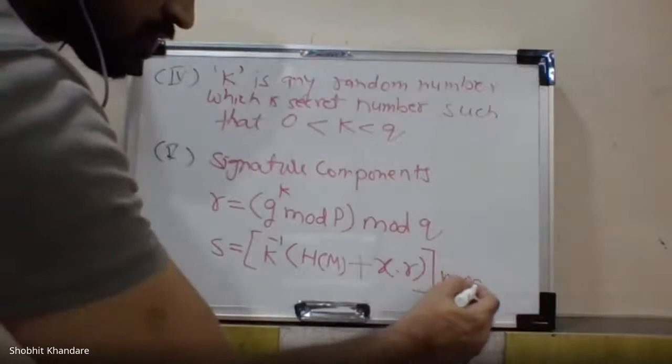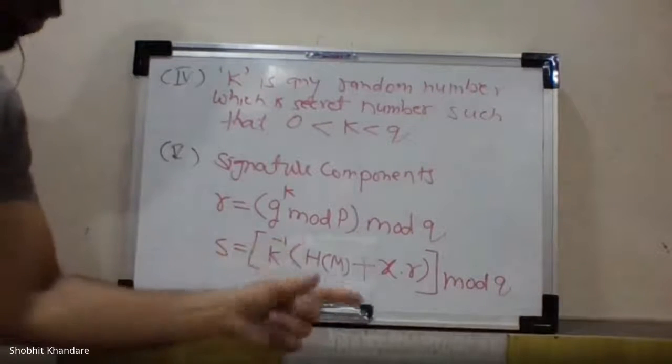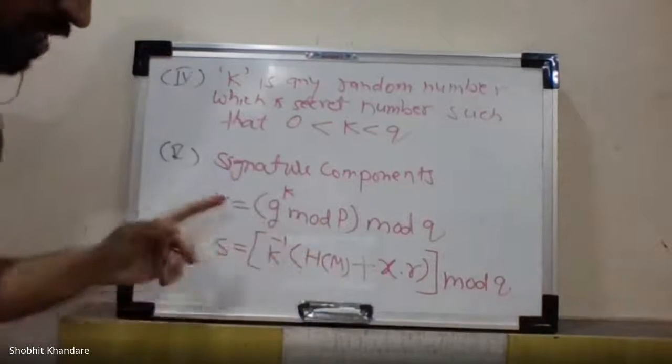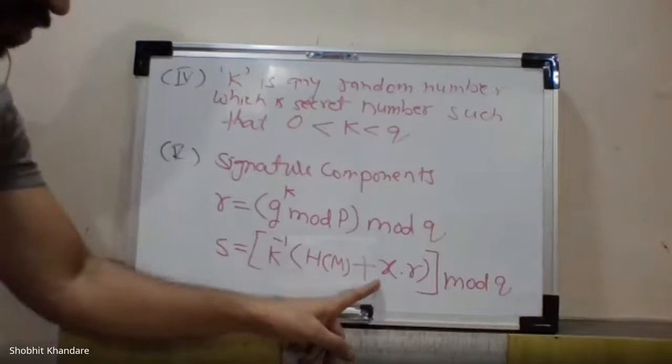Mod of q. Please write down the equation properly. These equations have to be written properly and in sequence. First r will come, then s will come, because r is needed here in the equation of s.